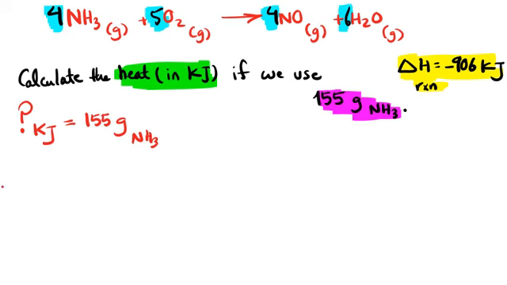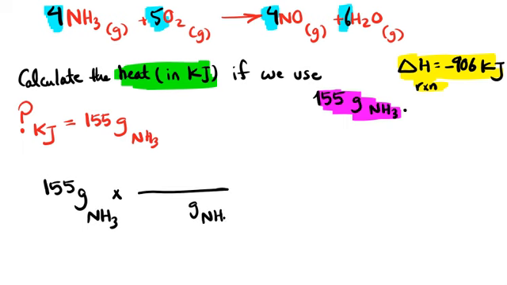You can easily solve this problem. Based on the stoichiometric problem, you learn that always we start with the given number. This original number is 155 grams NH3, and I have to rewrite this one here to cancel it out. And I need to convert grams to moles.